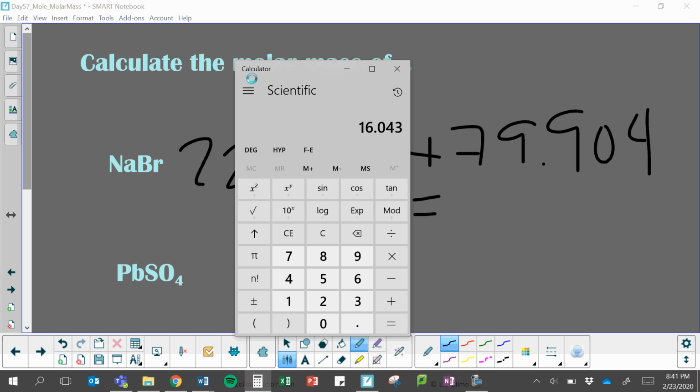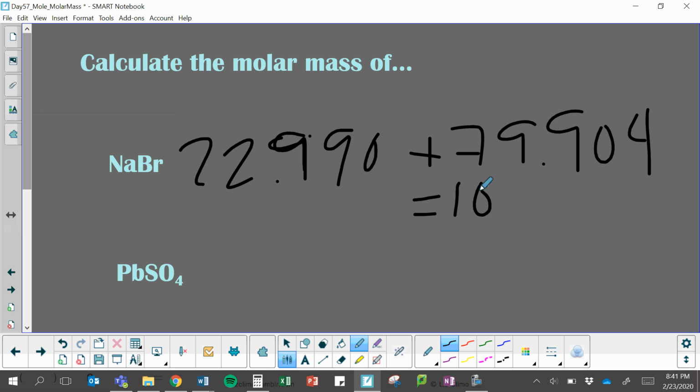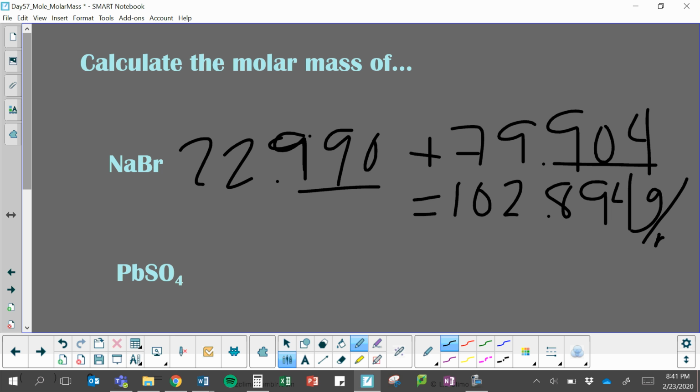We put that in our calculator just to make sure we're doing it right. 22.990 plus 79.904, we get 102.894. Again, 3 after the decimal place for both of ours, which is what our answer is, grams per mole.